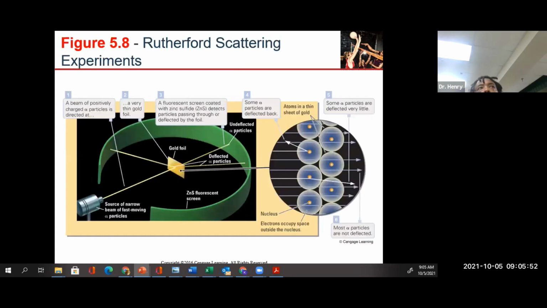Okay. So Rutherford, another scientist, basically said, I don't know about this, right? So what he did was take alpha particles, which are positively charged, and a thin layer of gold foil.